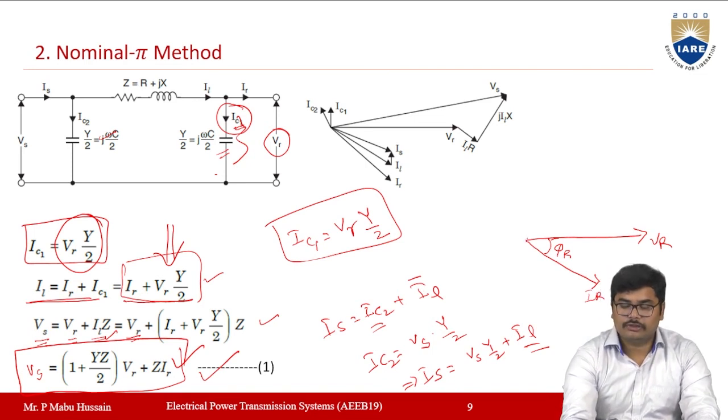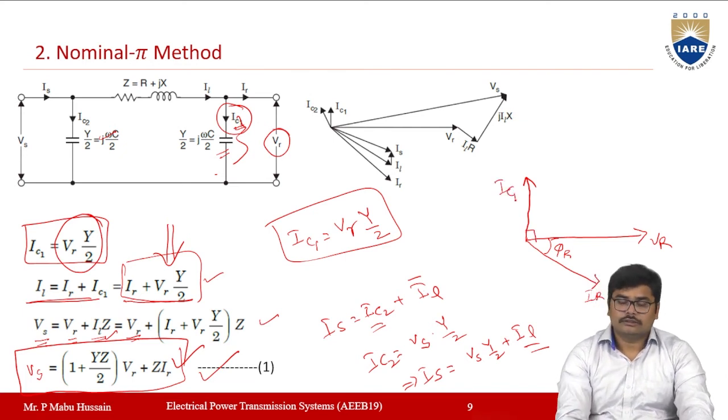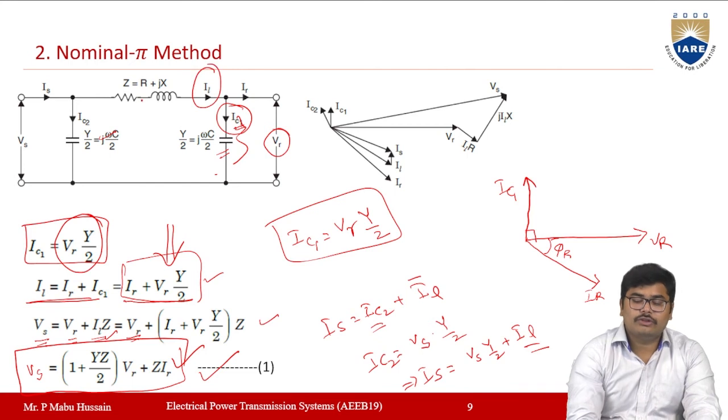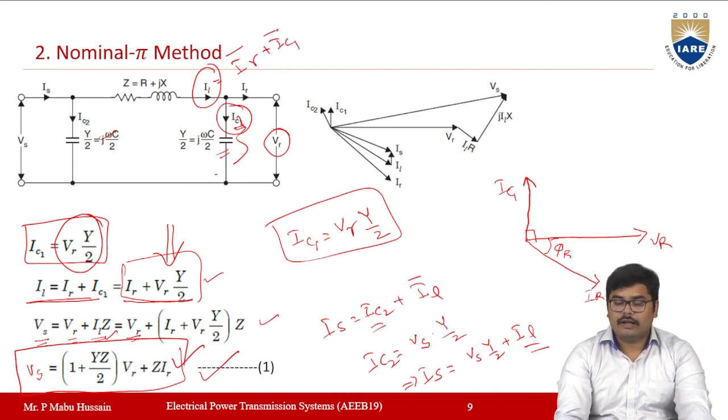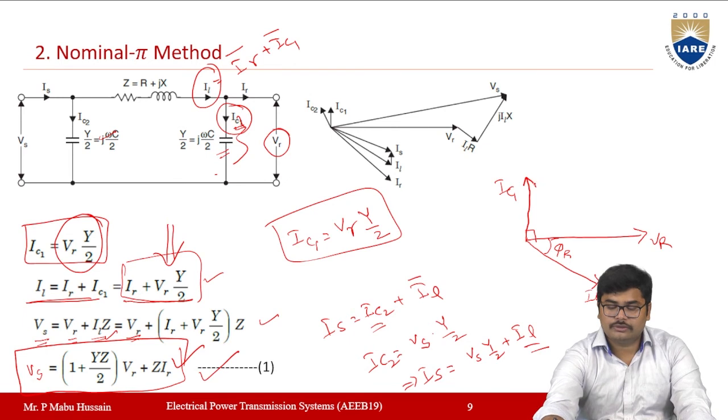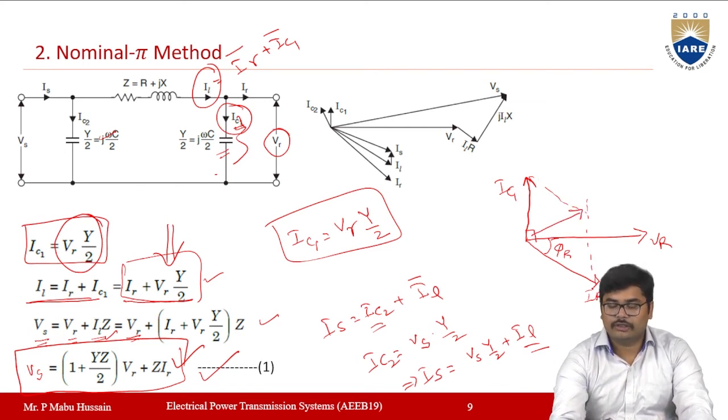Perpendicular to VR, you will have the capacitive current IC1. Now the current flowing through the impedance Z, which is IL, will be equal to IR plus IC1. If you add these two, IR and IC1, vectorially, you get the value of IL.